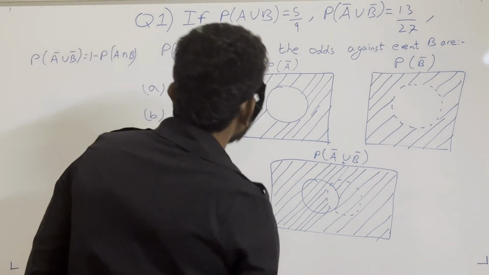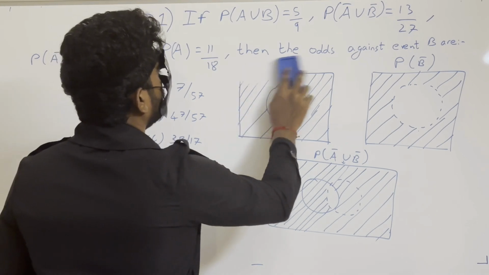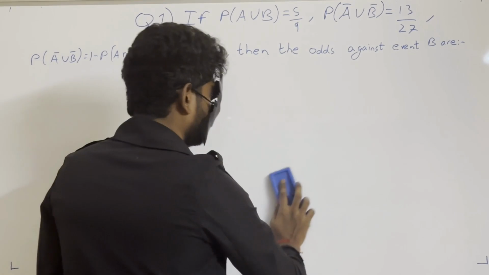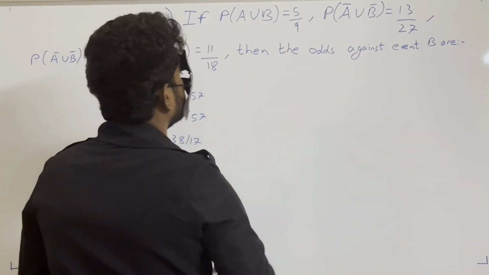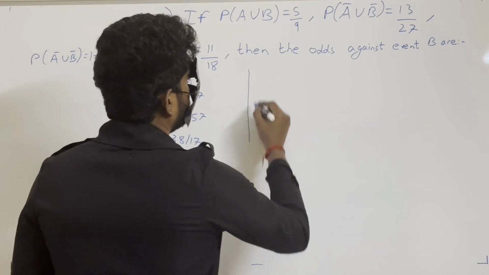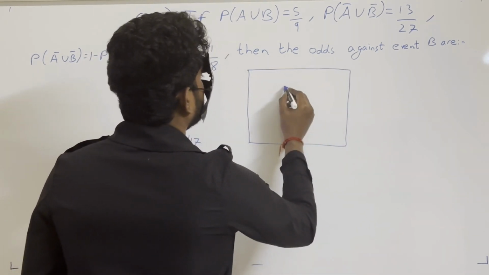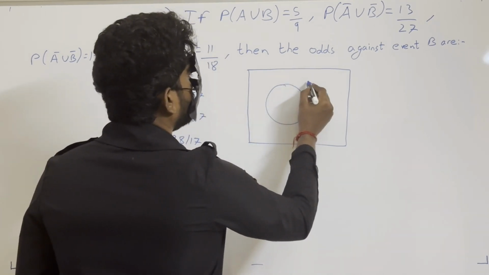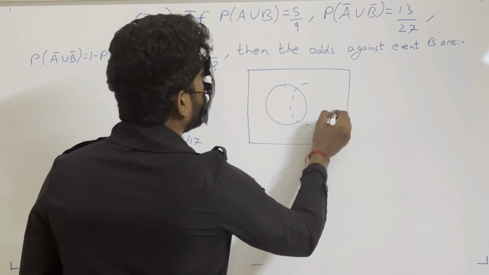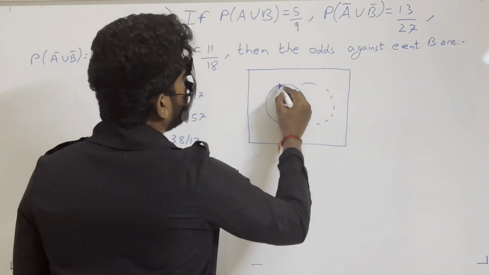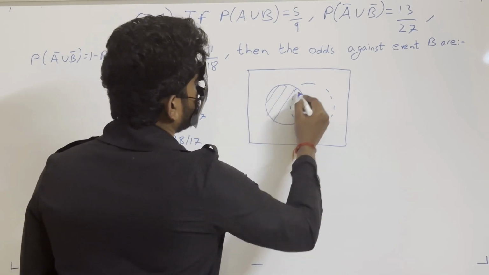Now this is event A, this dotted lines is event B. Now P of A union B is nothing but this part.